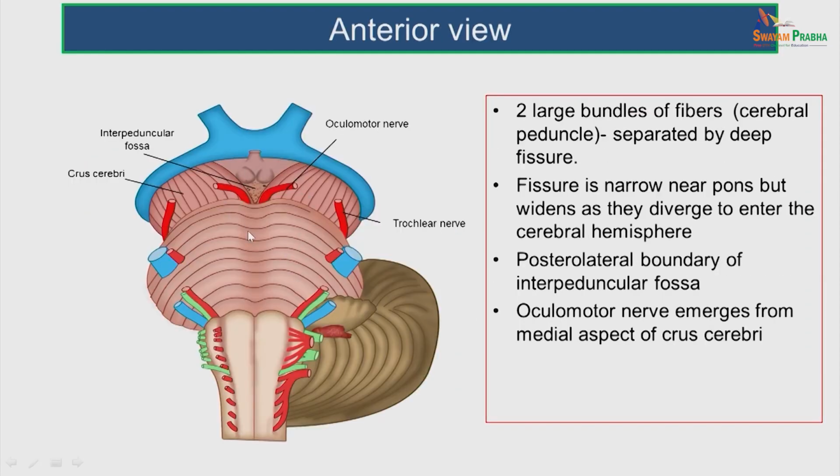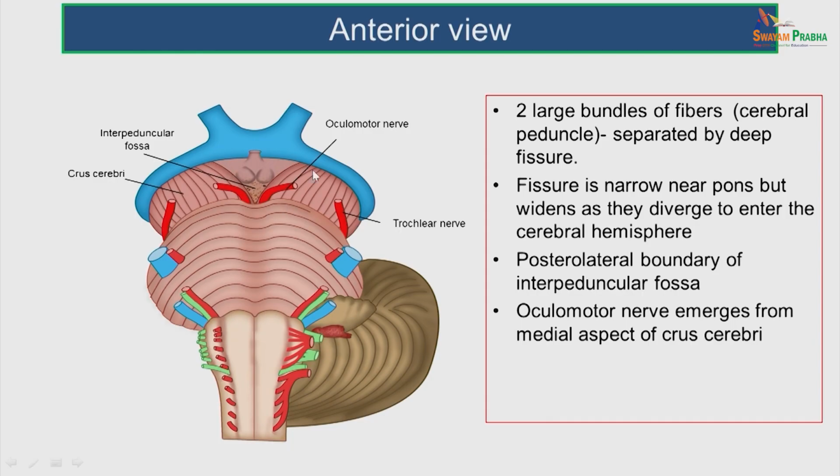Now, coming to the anterior or ventral view, what features do we see? There are two large bundles of fibers called the cerebral peduncles, separated by a deep fissure. The fissure is narrow near the pons and widens as the peduncles diverge and enter the cerebral hemispheres.